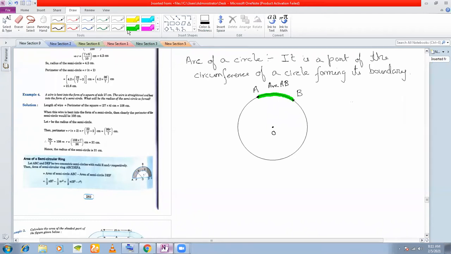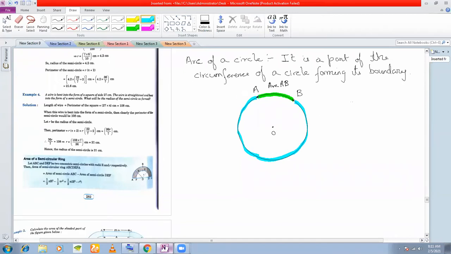Shown. In fact, this is also an arc of a circle. The remaining part, this is another arc. Another arc.